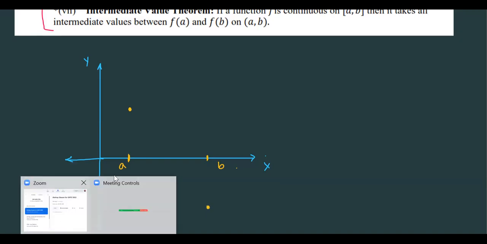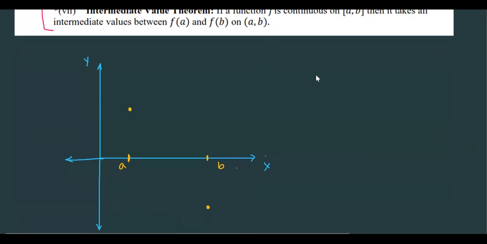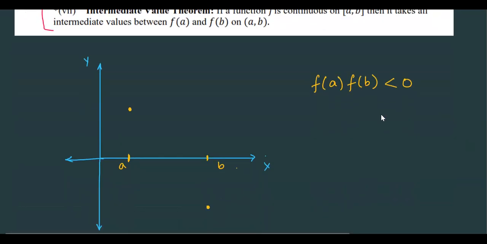Let's say f of A and f of B are of opposite signs, which means f of A into f of B is negative. Product is negative means they are of opposite signs. Sometimes it is said verbally that f of A and f of B are of opposite signs, or mathematically, f of A into f of B less than 0.